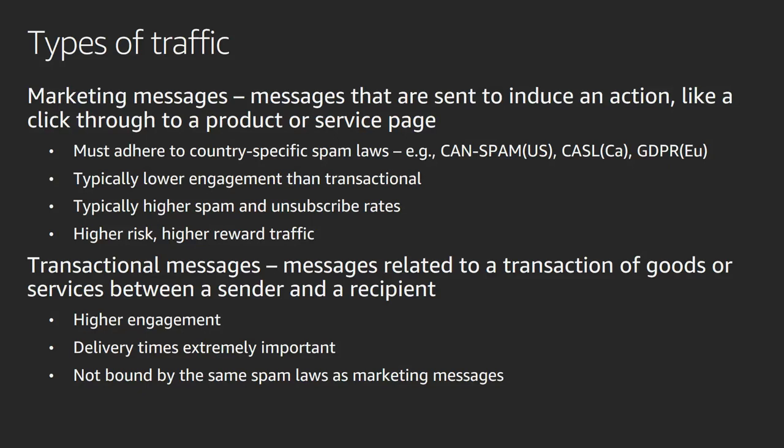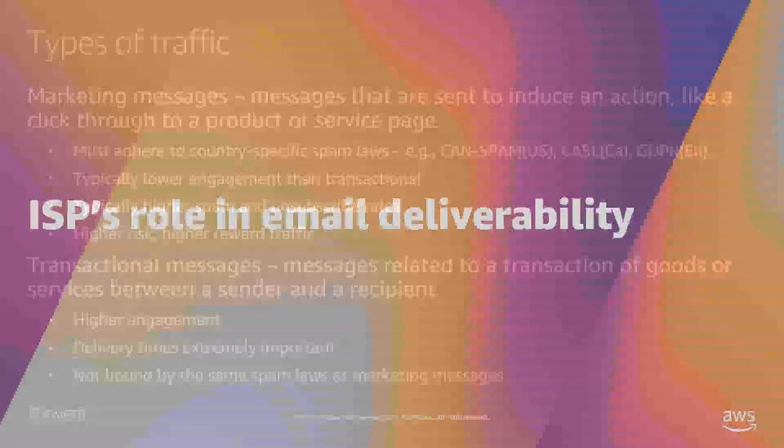So those things need to get there in very timely manners, and so that's why it's important to understand your traffic, and it's really a good idea to split the traffic when you can in terms of IP reputation, domain reputation. Mixing the two could adversely impact your transactional channel. So it's a good idea to split the two.